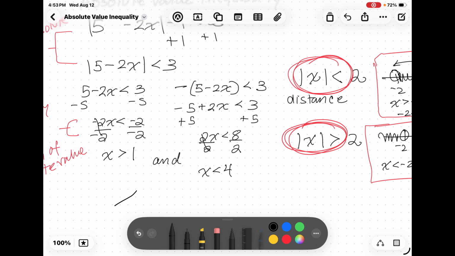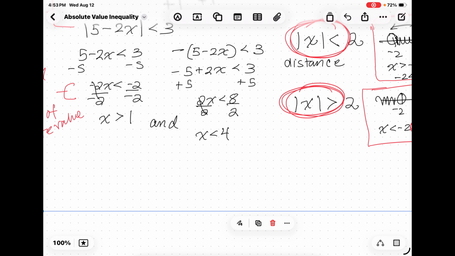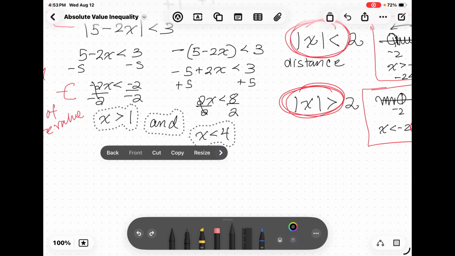What does it look like graphically? Could you take a moment and consider that? Think about that. What would that look like? This and statement here.